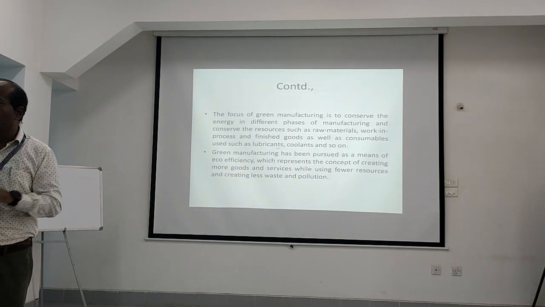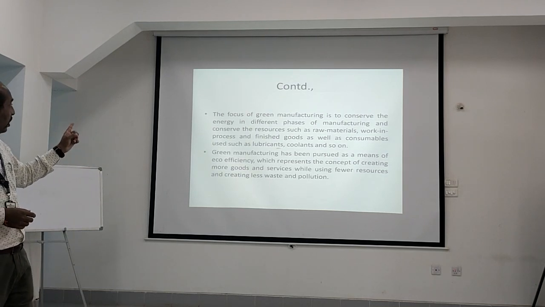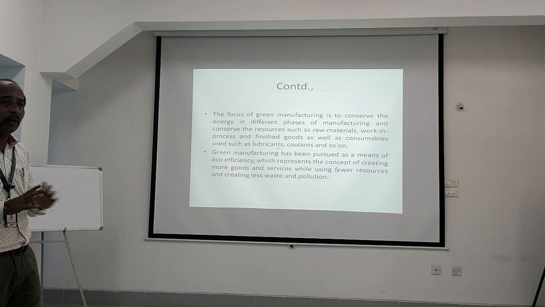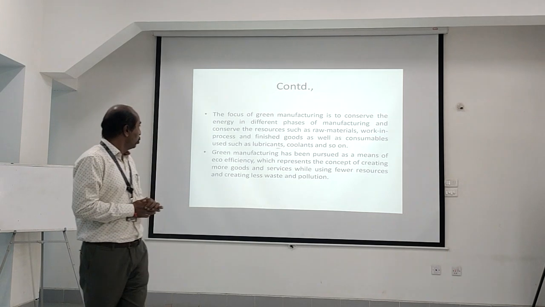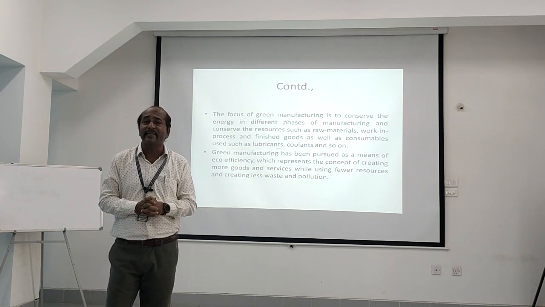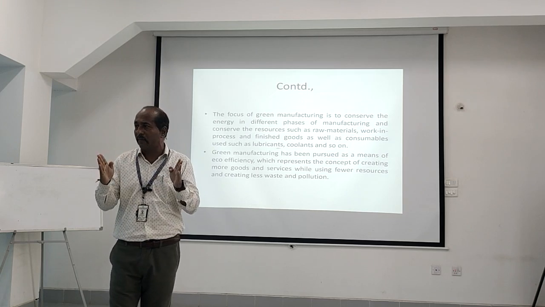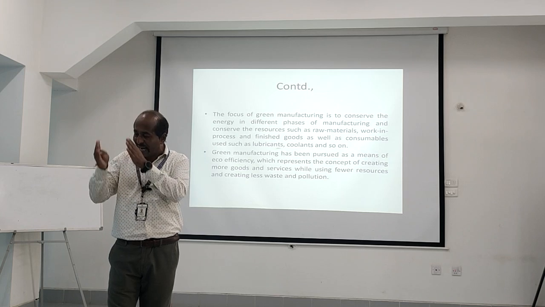What is the focus of green manufacturing? It focuses on conserving natural resources, raw materials, work in progress, and finished goods, all of them. Green manufacturing is pursued as a means of eco-efficiency, because you are generating an eco-friendly process and saving natural resources.